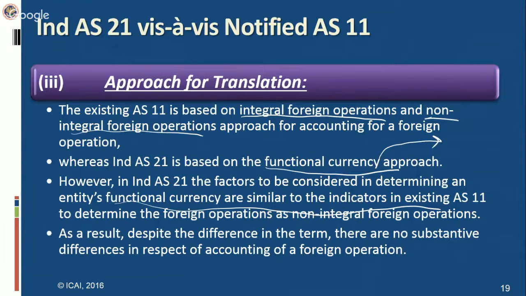There is no major difference between both translation procedures under both the standards. Consequently, despite the difference in the term, there are no substantive differences in respect of accounting of a foreign operation under both the standards, Ind AS 21 as well as notified AS 11.